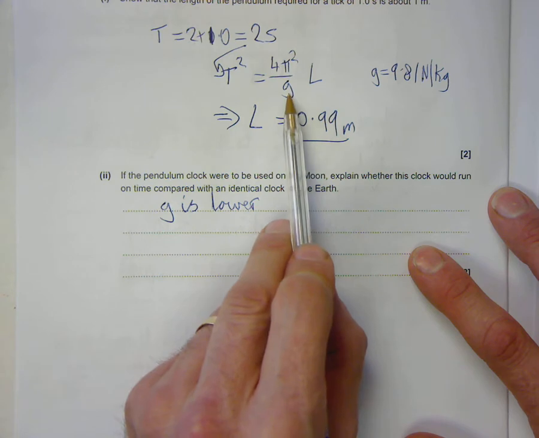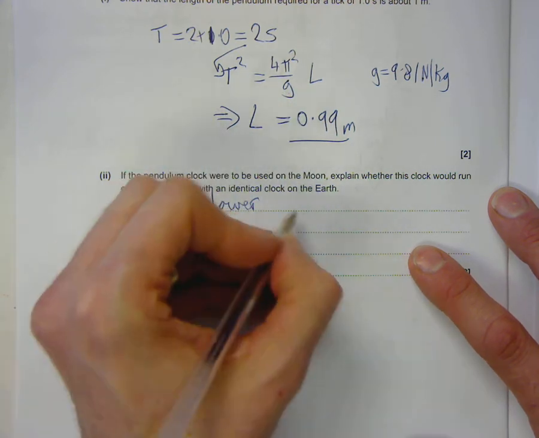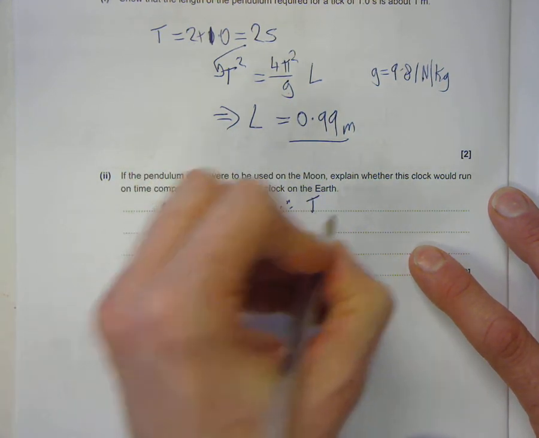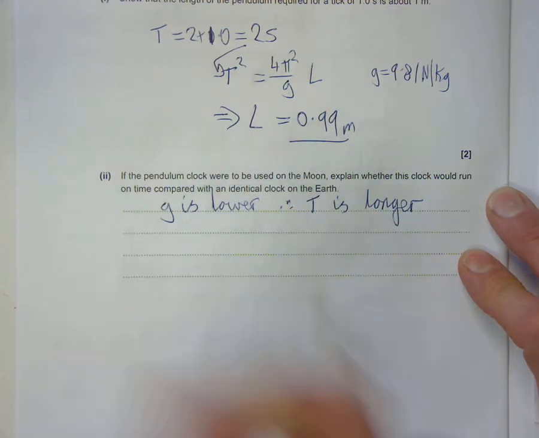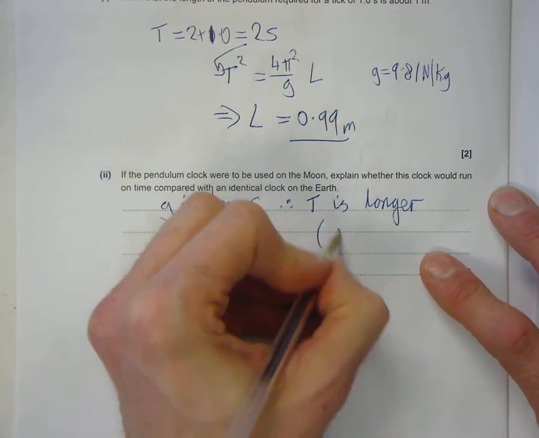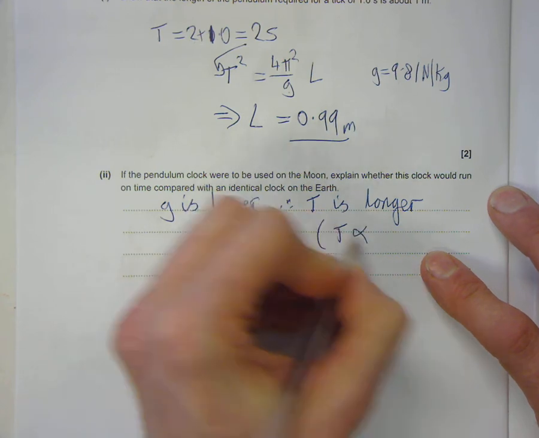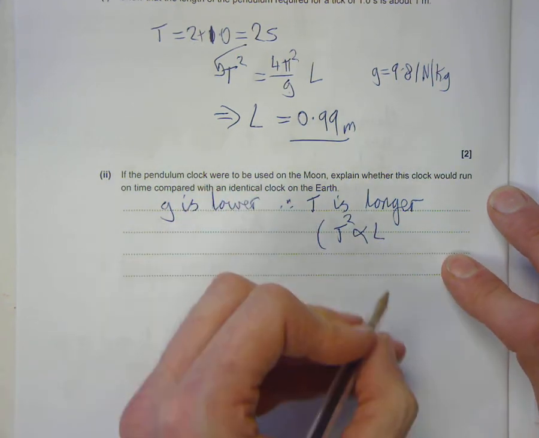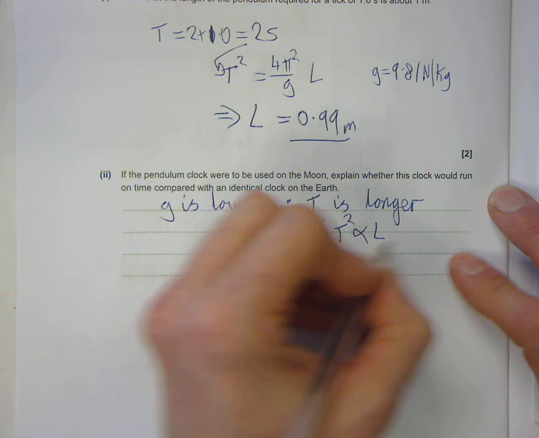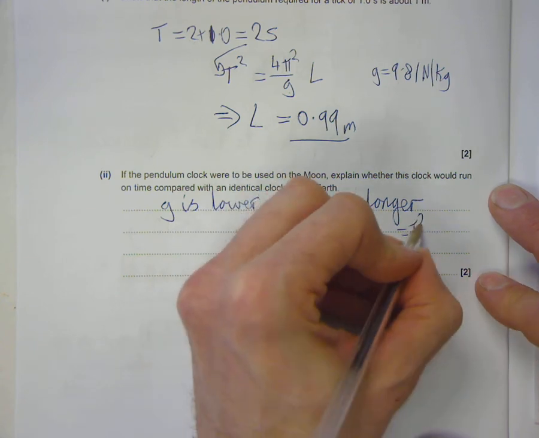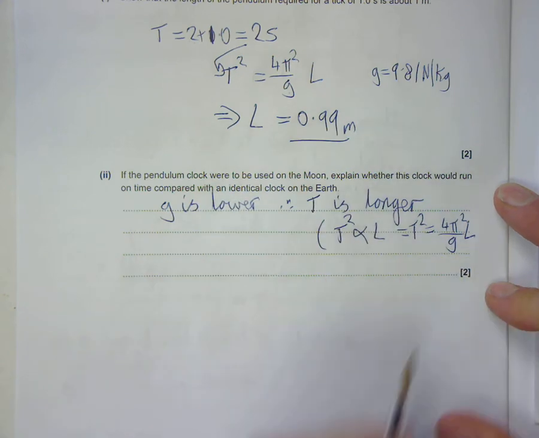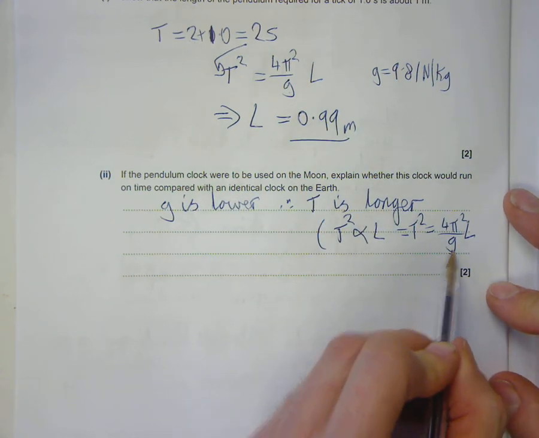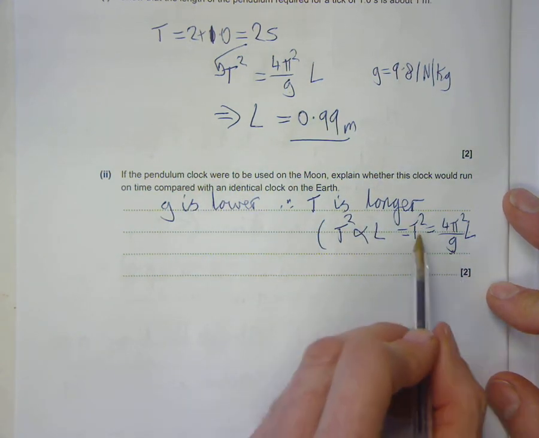If g is lower, therefore the time period is longer. And you must justify that using the formula t squared is 4 pi squared L over g. If g reduces, t increases.